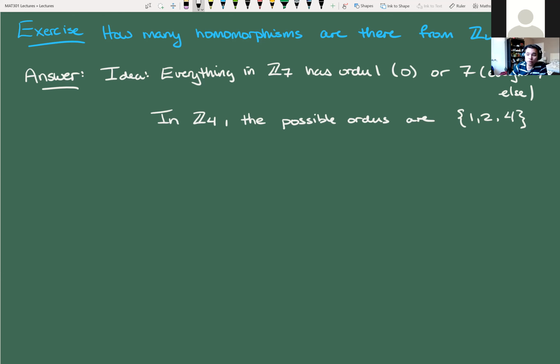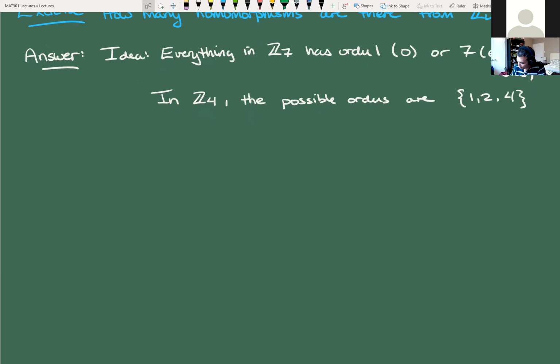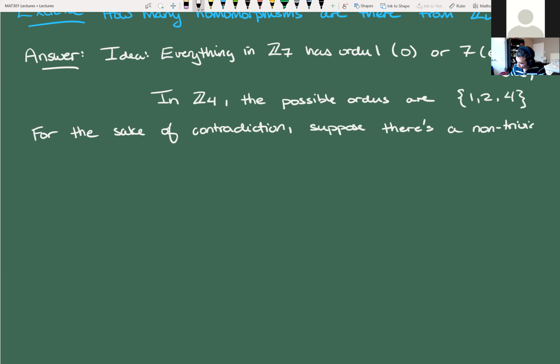Now, the way you would actually prove this is by contradiction, right? You'd say, for the sake of contradiction, suppose there is a non-trivial homomorphism.